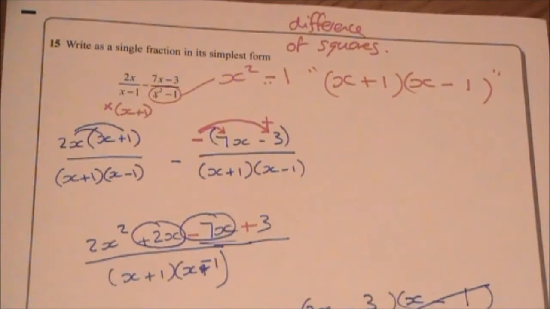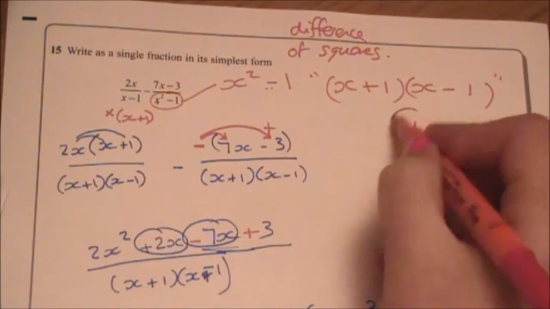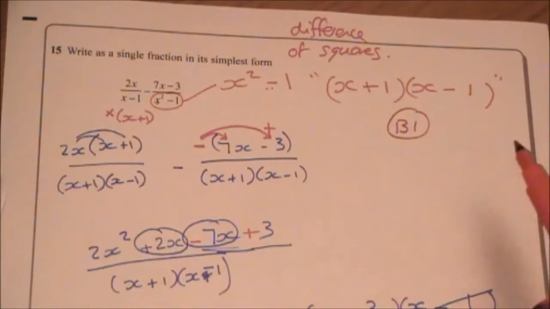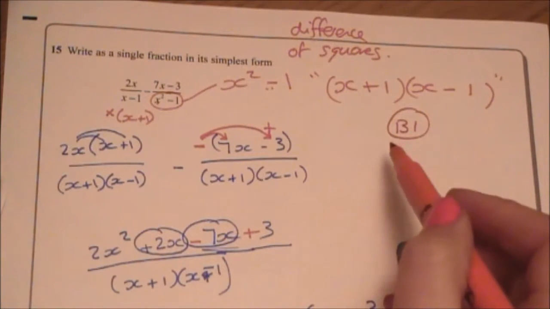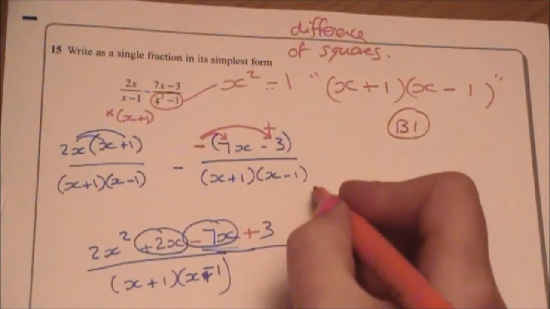As for where the marks are awarded for this question, you get 1 mark straight away up here for identifying the difference of the squares and for factorising that out. So there's your first mark for working. Your second mark is a method mark and it comes from down here.